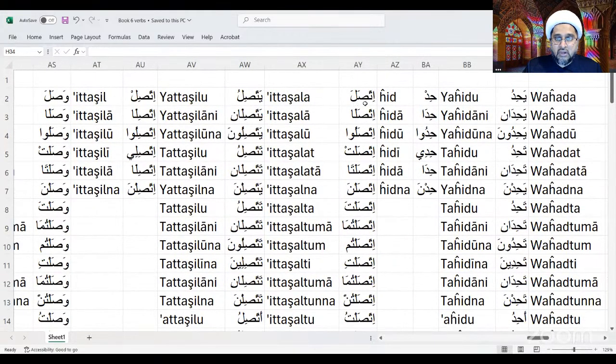Ittasala. So originally it should have been wow, alif, wow, ta, sad, lam. Il tasala. It's a bit difficult to read, correct?